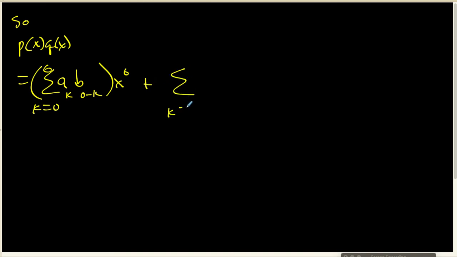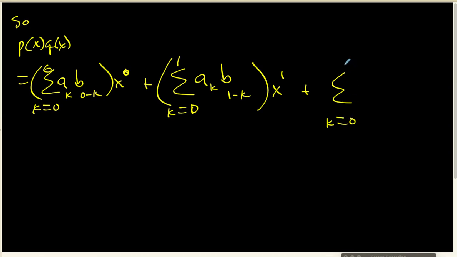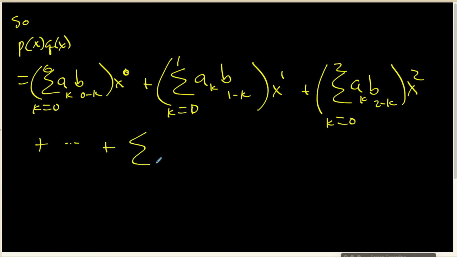My product polynomial will look like the sum as k goes from 0 to 0 of a_k b to the 0 minus k times x to the 0, plus the sum as k goes from 0 to 1 of a sub k times b to the 1 minus k, and I want to multiply that by x to the first power, and then I'm going to have the sum as k goes from 0 to 2 of a_k b to the 2 minus k, and that will be the coefficient of x squared, and I keep going, and eventually I get to the sum as k goes from 0 to I of a_k b to the I minus k.